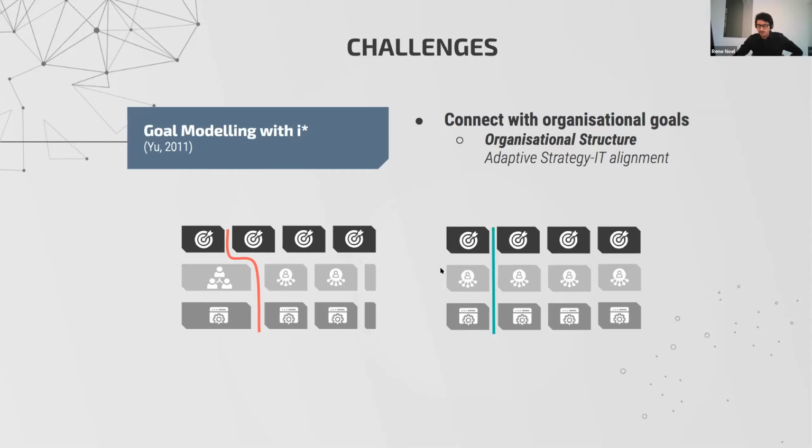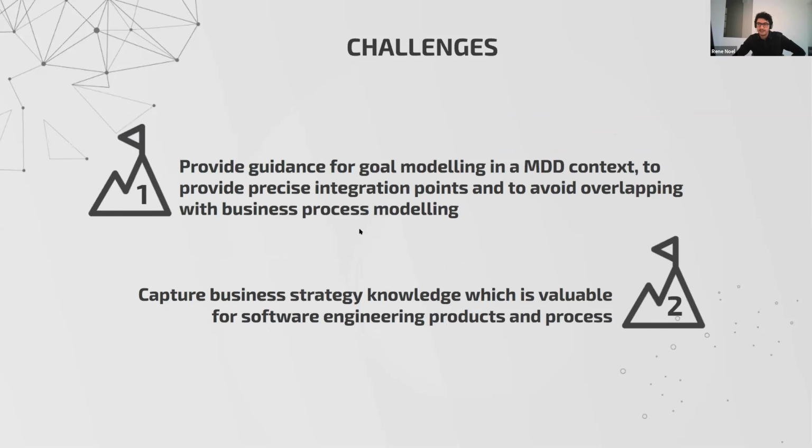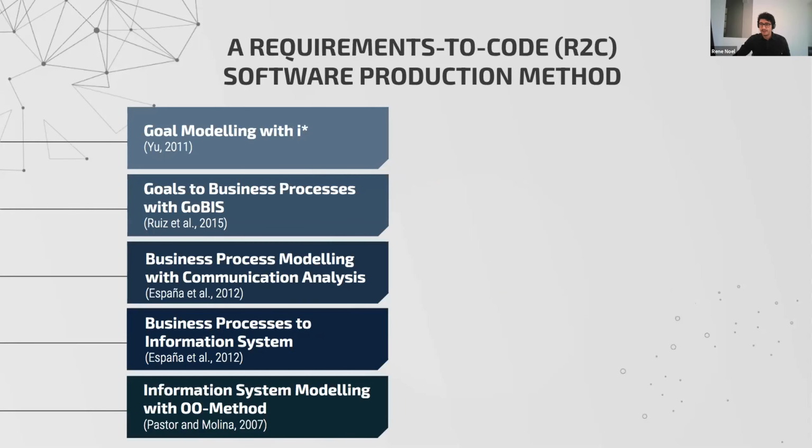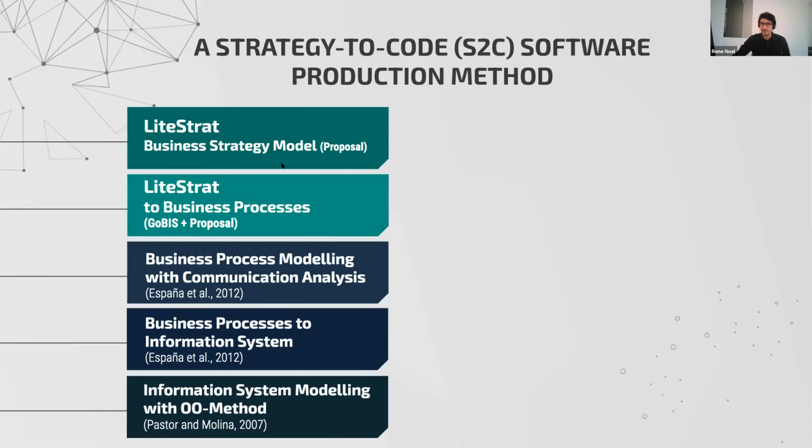So, wrapping up the challenges, we think there is a need to provide guidance for goal modeling in a model-driven development context, and also to capture business strategy knowledge, because it is valuable for software engineering products and for scoping the processes. So the approach of this research is to design the LightStrat method.